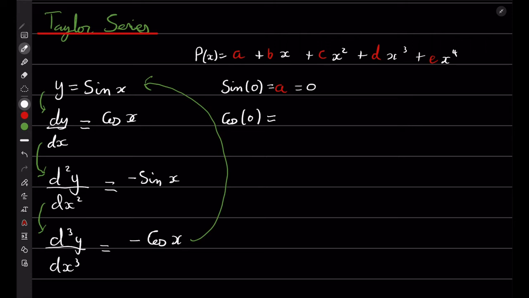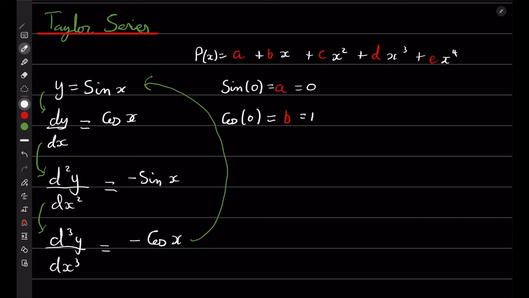Because we're working with 0, the x should go away. So you should just have b. So cos 0 should be equal to b, which is equal to 1. Cos 0 is equal to 1.